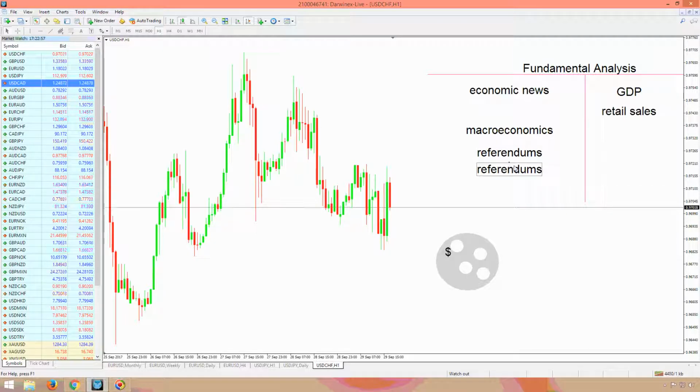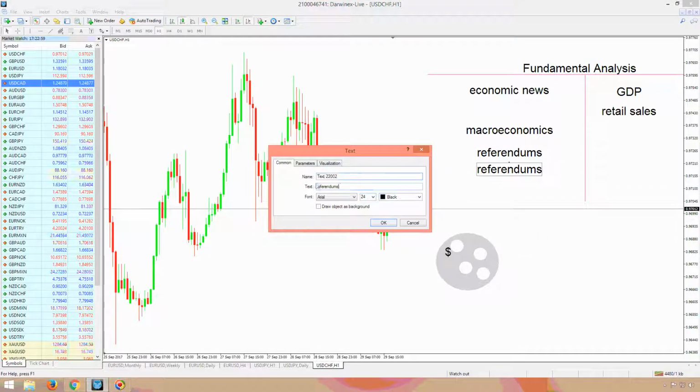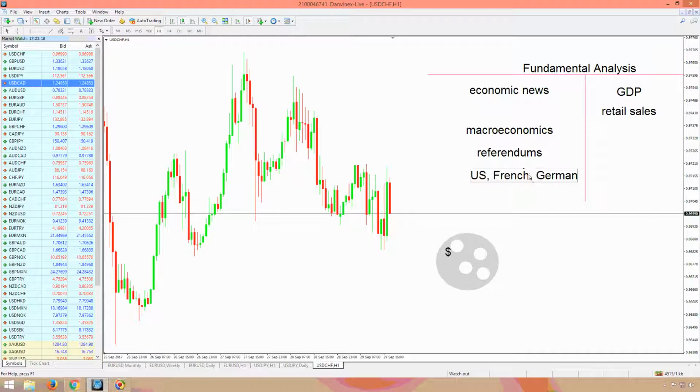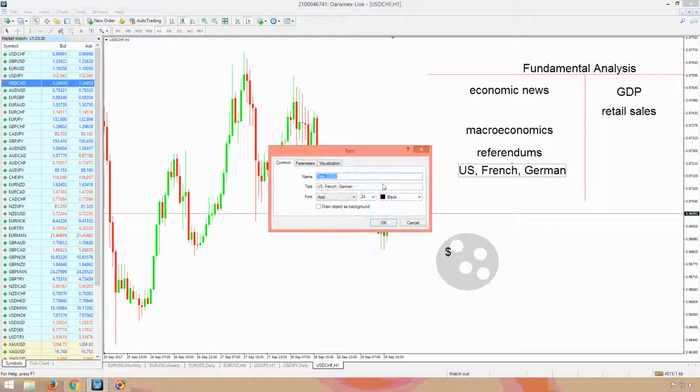Or take the elections. We have plenty of examples. We had the US elections last year in November. And we had the French elections this year, which caused the euro to get higher and to continue to rise from 106 to 120. We had the German elections quite recently, and so on and so forth. So these are elections, and this is still fundamental analysis.